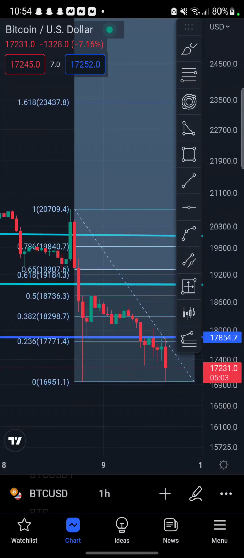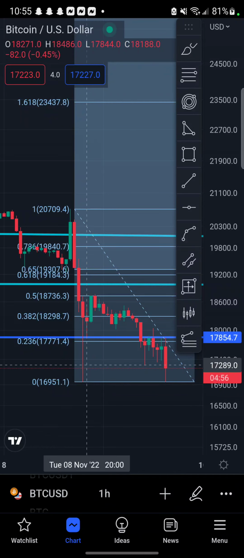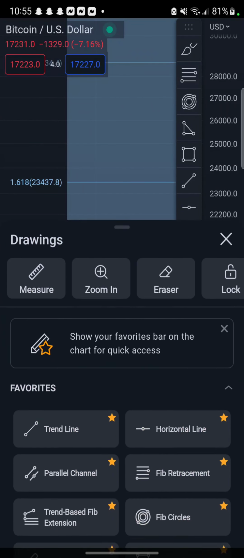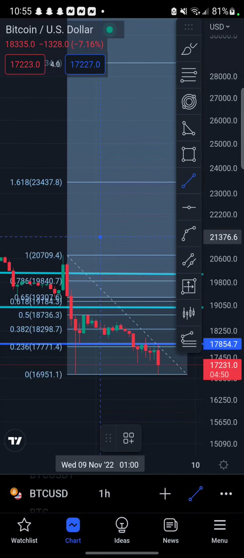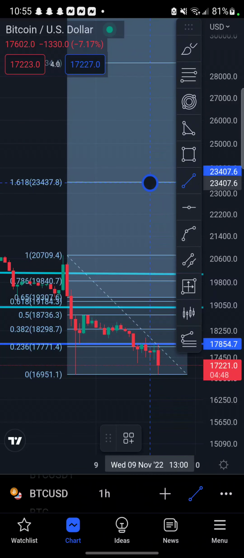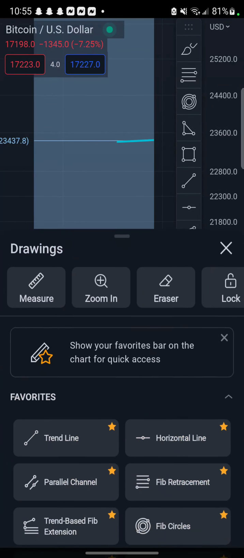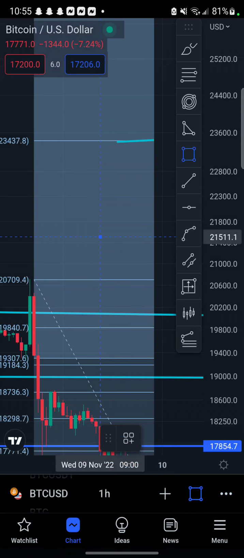So we have a potential of getting back up there once again if prices stay at the levels that we are at. And if we get above the 0.618, then we could more than likely hit up to around $23,000. Let's mark these.